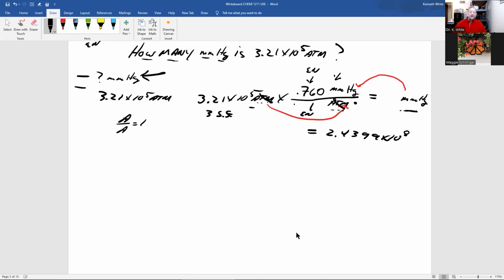When you're doing a multiplication or division calculation, your answer has the same number of significant figures as the number you're multiplying or dividing that has the fewest significant figures. These are exact numbers, so I don't use those. The only number I use to determine significant figures is 3. I'm going to let you round this off to 3 significant figures.